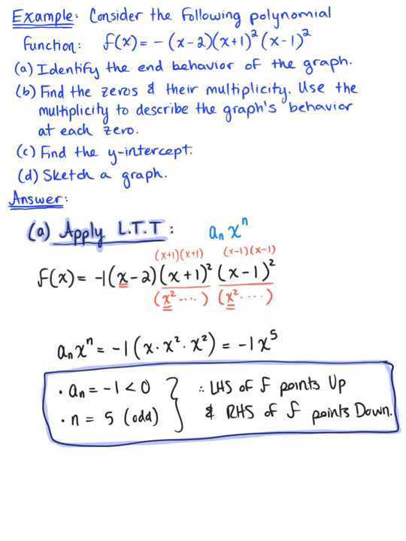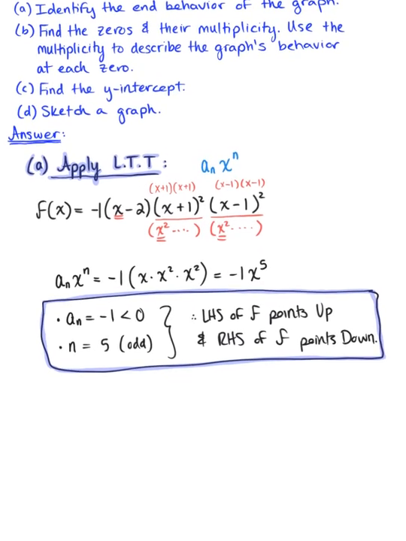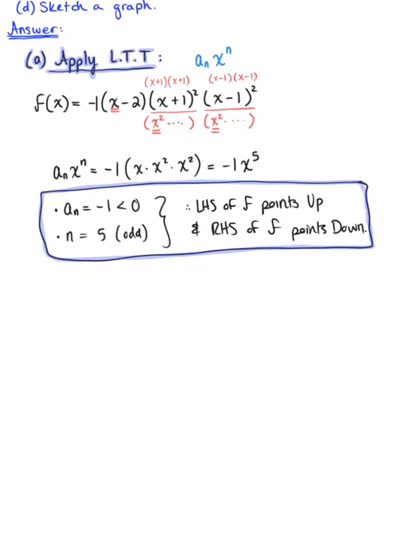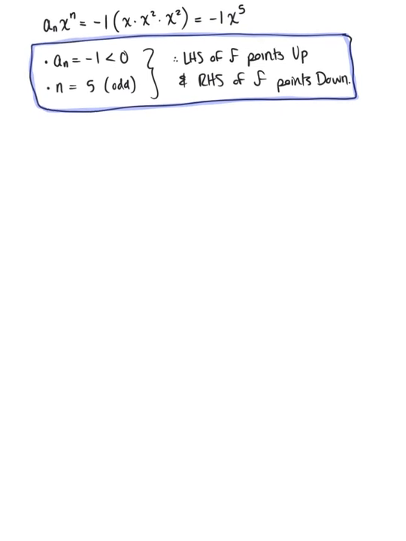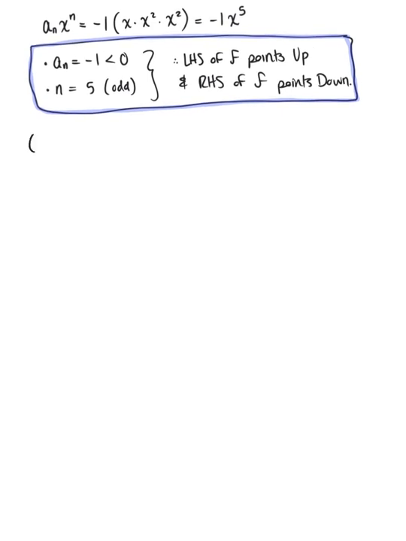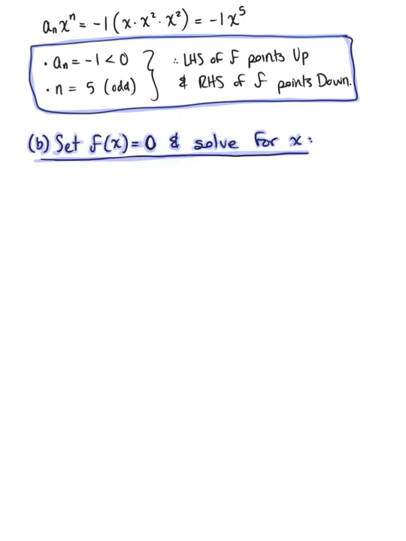Now, in part B, we are asked to find the zeros and identify the multiplicity of all of our zeros. In order to find the zeros, we need to set that function f of x equal to 0 and solve for x. So here we go.